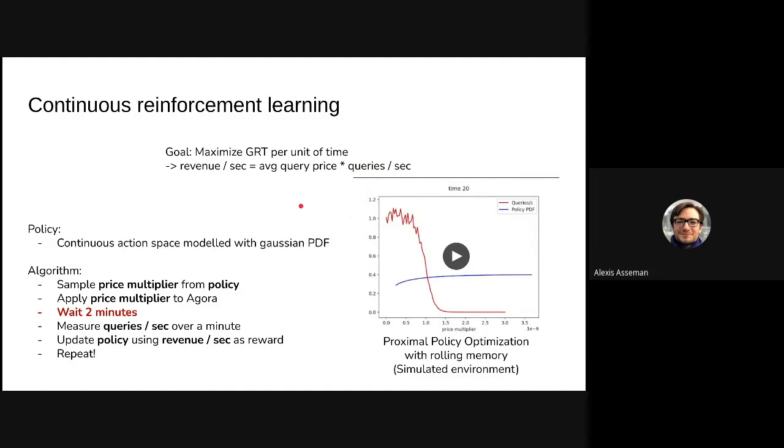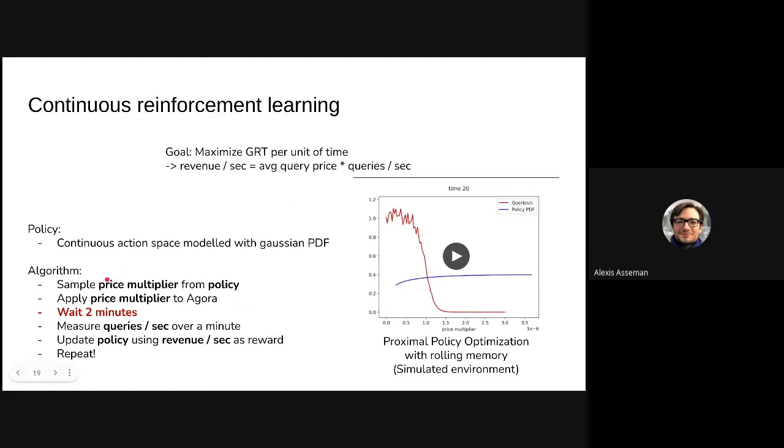So for this, we decided to employ some continuous reinforcement learning to find that optimal point. And the model we're using right now is a Gaussian probability distribution function over the price multiplier, and we learn the mean and the standard deviation of that Gaussian, such that it converges to the optimal market price.